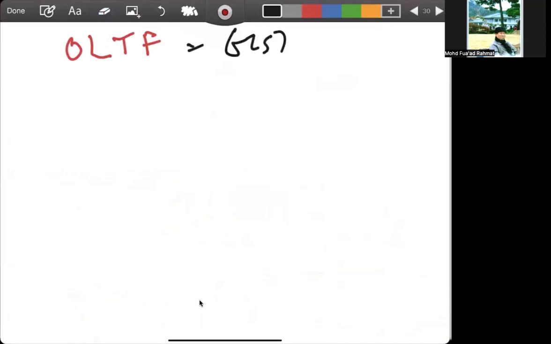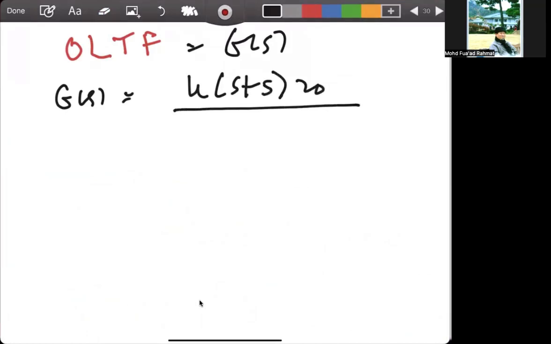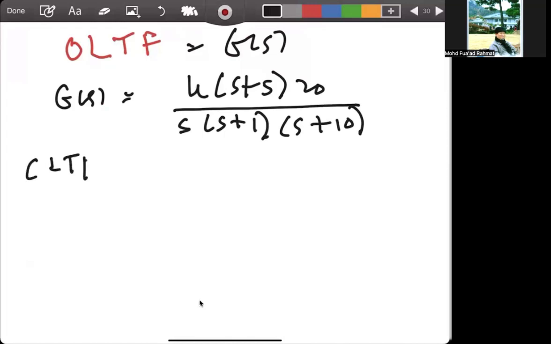Which is K (S plus 5) times 20 over (S plus 1)(S plus 10). Okay, and then find the closed loop transfer function, 20K (S plus 5) over the denominator.